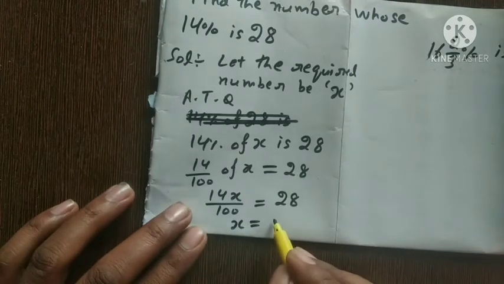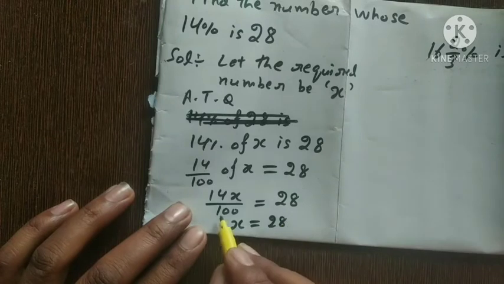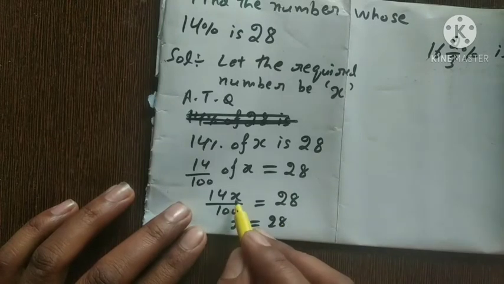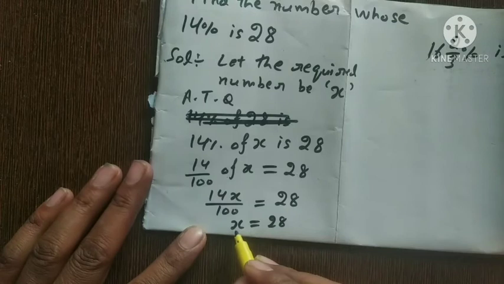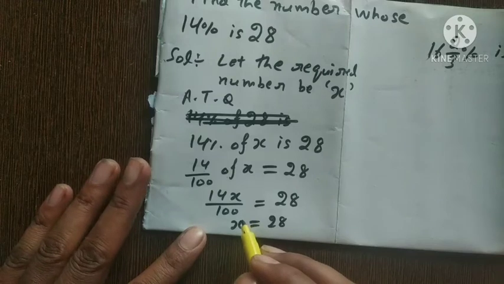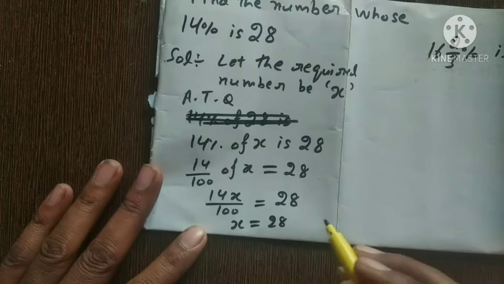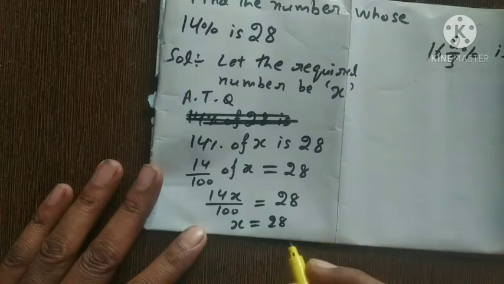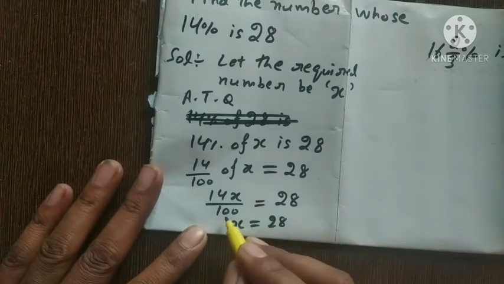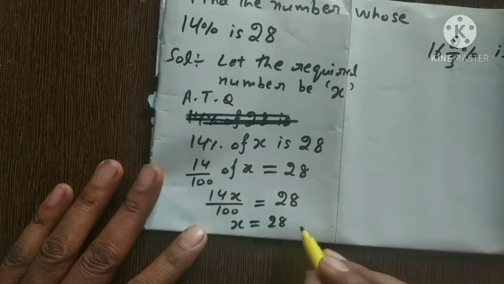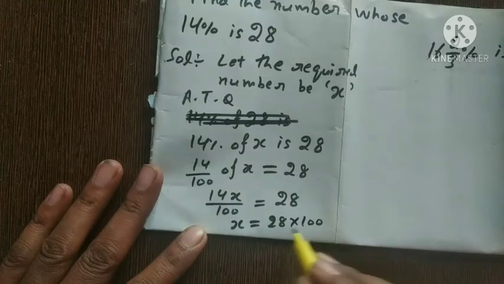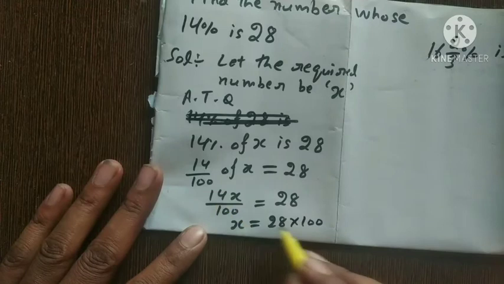We will let x remain alone on the left-hand side and all the other coefficients go to the right-hand side, and they will transpose. If 100 is the divisor here, it will become a multiplier, and 14 is the multiplier, it will become a divisor.